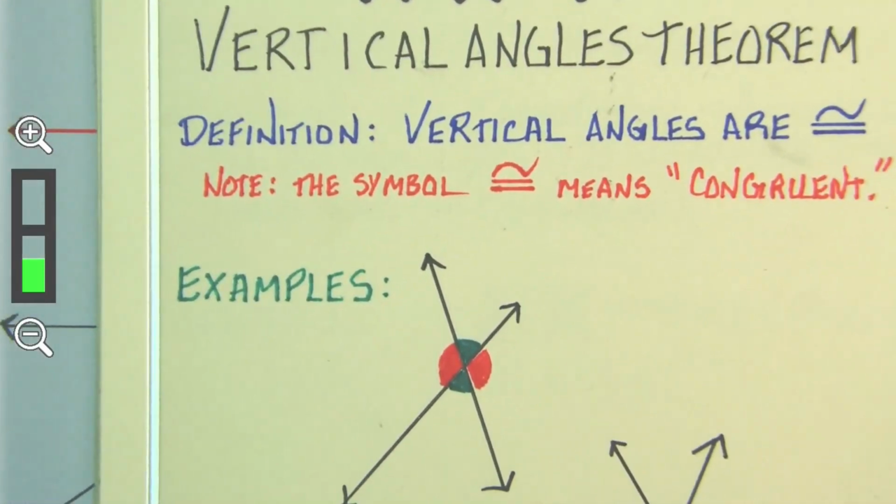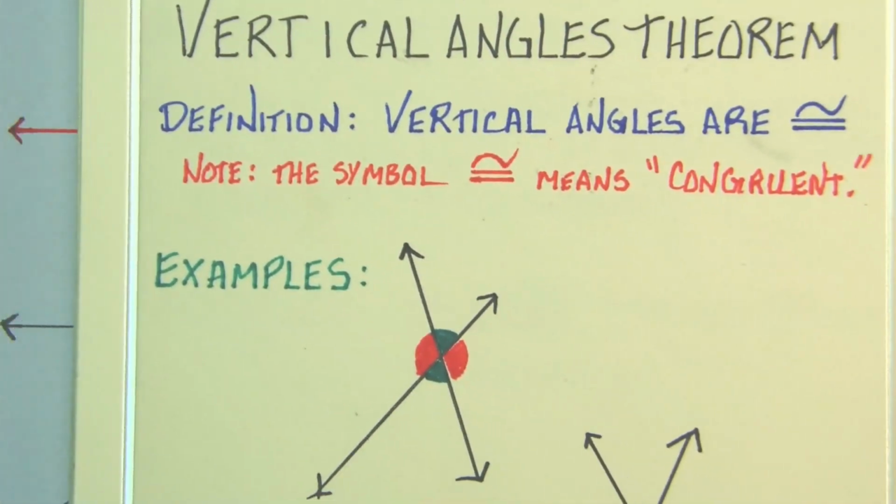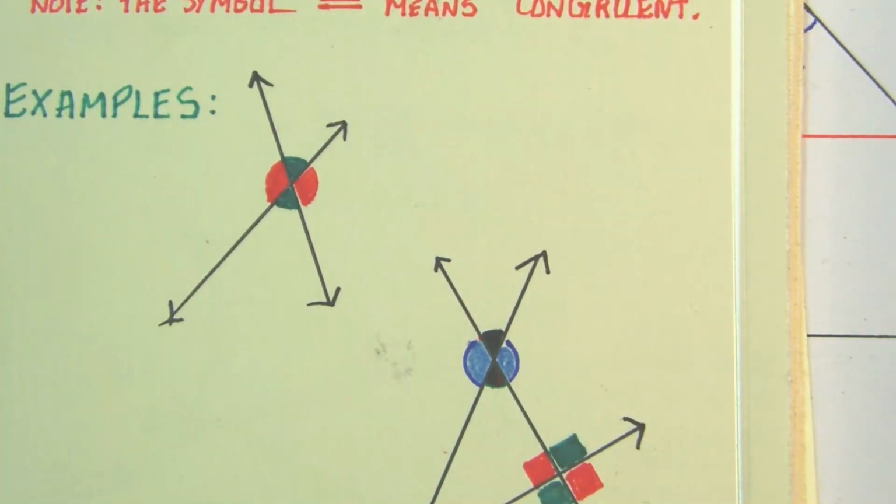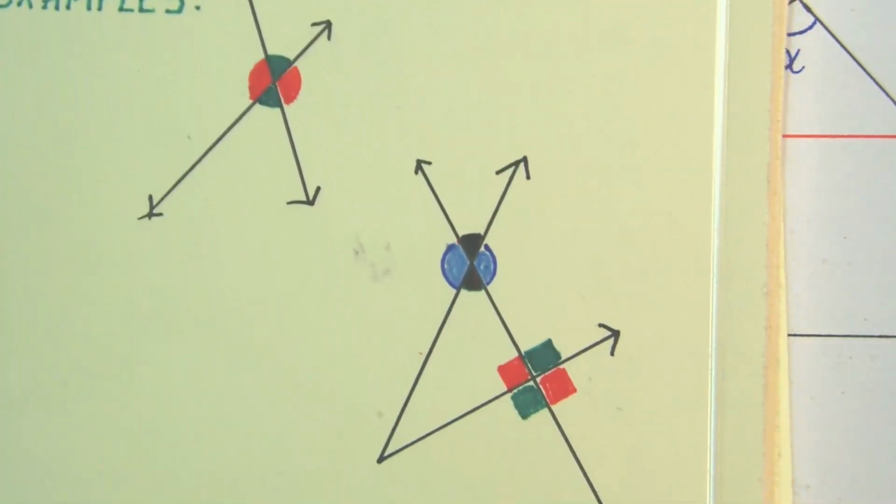It says, definition, vertical angles are, and then it gives the symbol for congruent. And then it gives two examples. So you can see the X shape of these angles and how the sort of top and bottom angles are equivalent, and then the side angles are also equivalent.